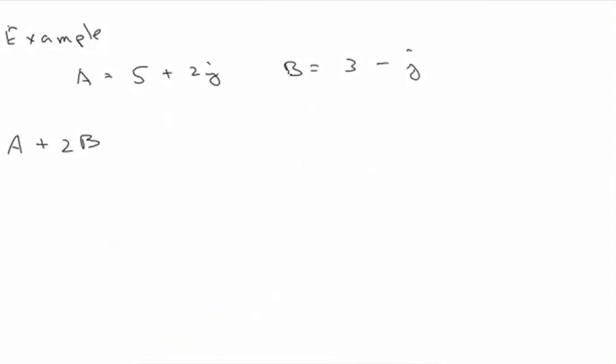So we combine addition and subtraction together with multiplying a real number and a complex number. So we write it. What is A? 5 plus 2j plus 2B, that is 2 multiplied by 3 minus j.